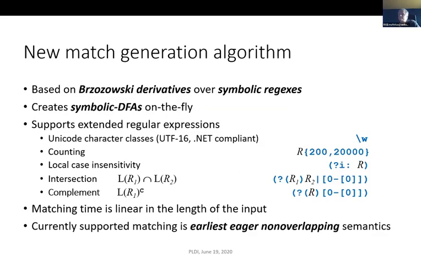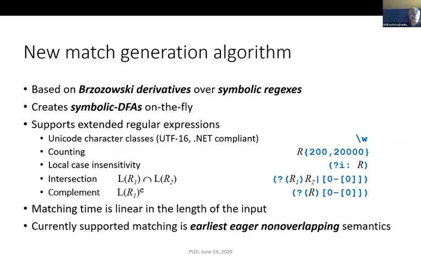So the whole engine that I'm going to talk about or demo is really based on this idea of incrementally creating a DFA, or potentially also an NFA, but here it focuses on DFAs, where you create one state at a time, and the state is a regular expression itself.